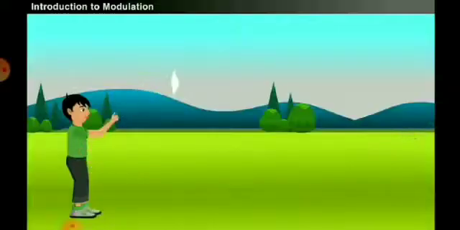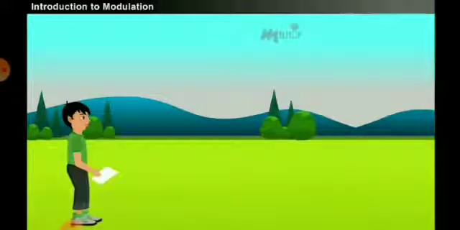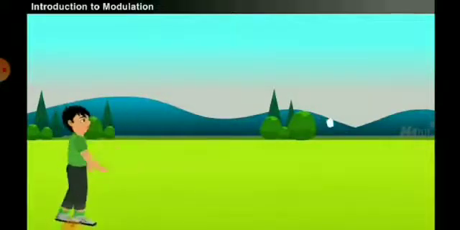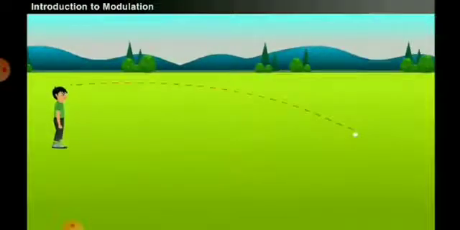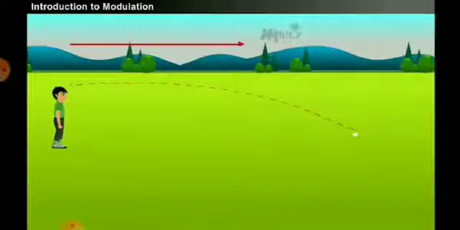Do you think that you can throw a piece of paper to a distance of 5 to 10 meters? It is impossible because the paper is of less weight. At the same time, if you enclose a stone inside the paper, it can reach a longer distance when it is thrown. This is because of the stone's weight. The stone carries the paper along with it.